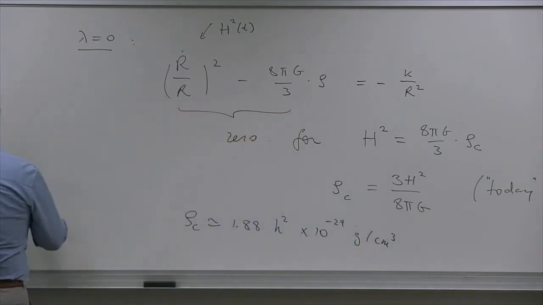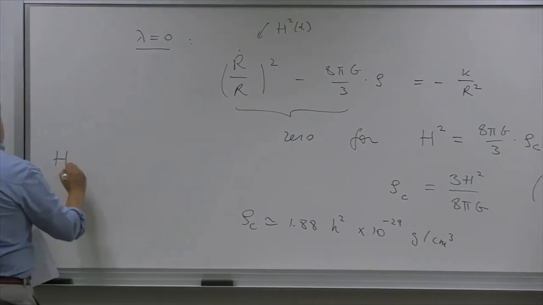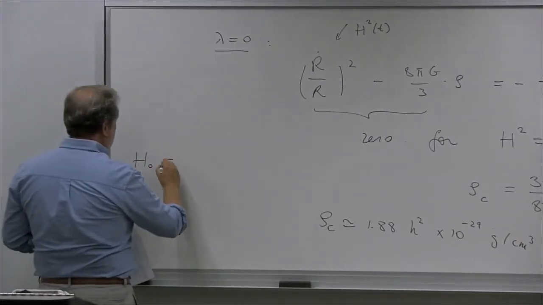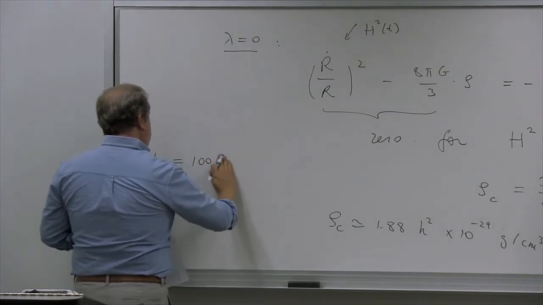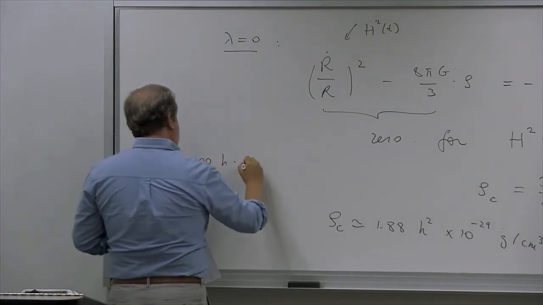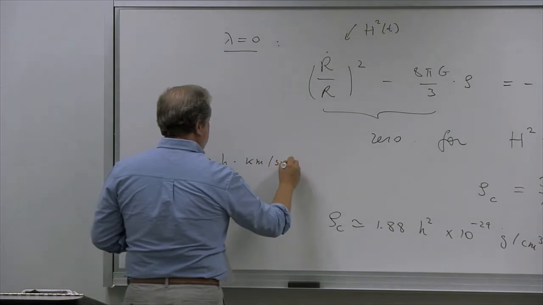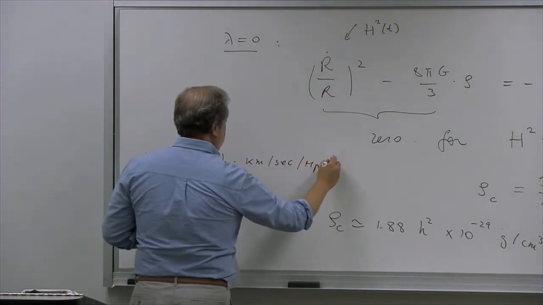So what is h? Well, this h is the h that I introduced last time, namely one writes H naught as 100 times little h times kilometer per second per megaparsec.